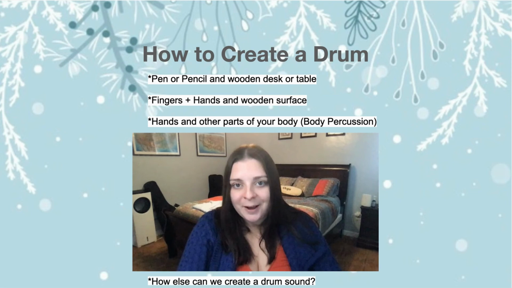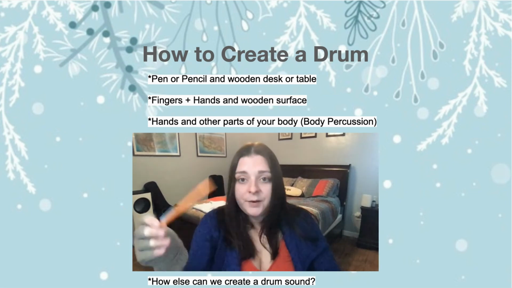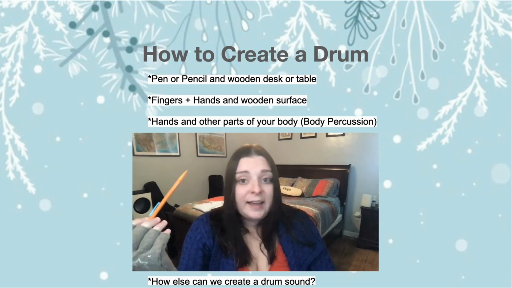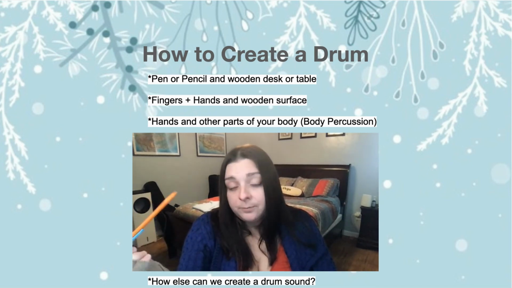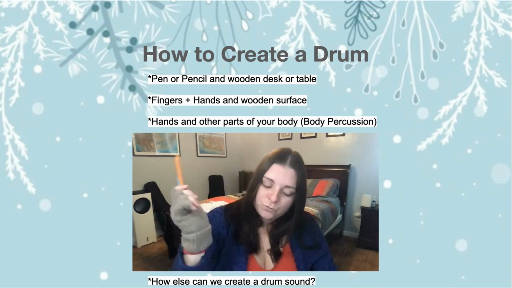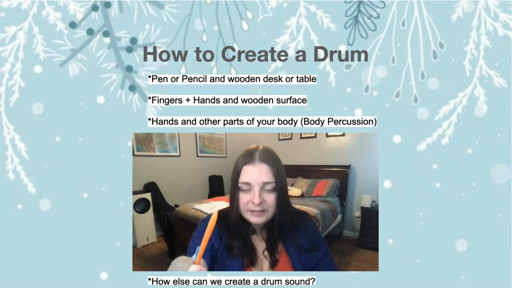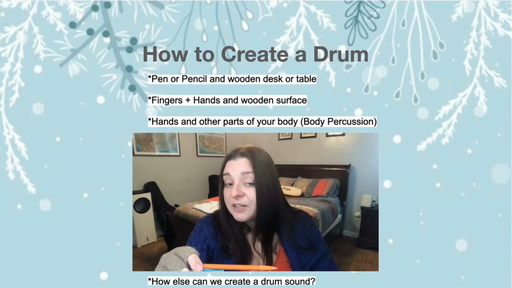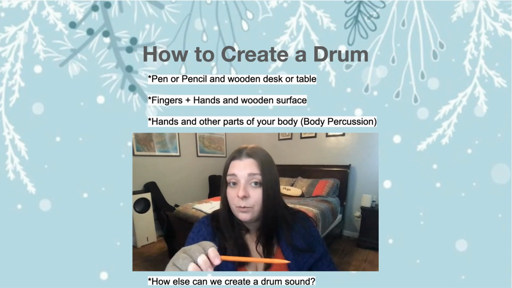Okay, now we are going to talk about some different ways we can make a drum from household items. The first idea that I had would be to take that same pen or pencil and play it on a wooden table or desk. Again, instead of really hitting with the pencil, you don't really need to put that much energy into it. Let gravity do the work.